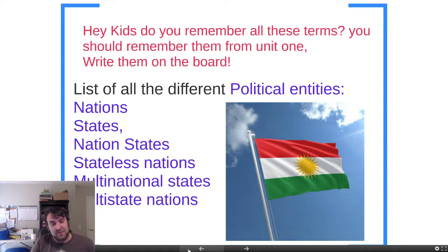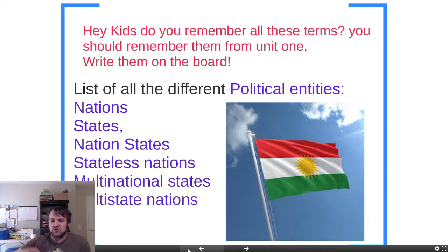And then we get to the term nation states. Nation states is when one group of people corresponds with one country. And the way that I would define it is if a country has 90% the same ethnic group, that country is a nation state. I think there's probably only about a dozen clear examples of nation states in the world today.